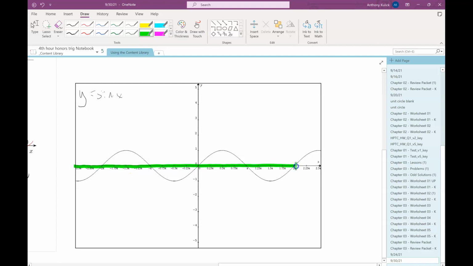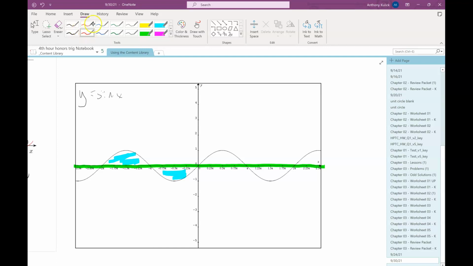So in our case, the midline's just the x-axis, because this area and this area are going to be equal. Everybody's okay with that idea? And since it's going infinitely in either direction, for every up hump, there's a down hump. So there's always going to be an equal area bounded between the curve and the x-axis. You guys get that idea?